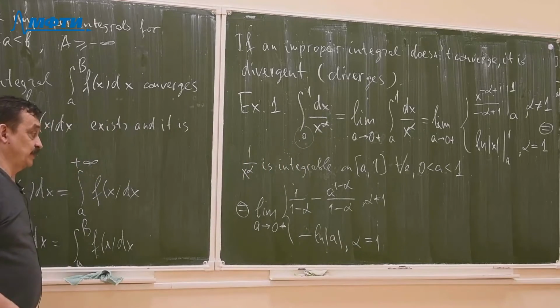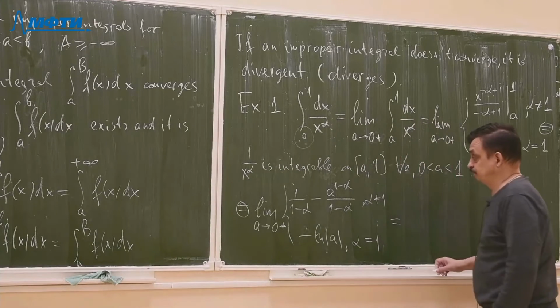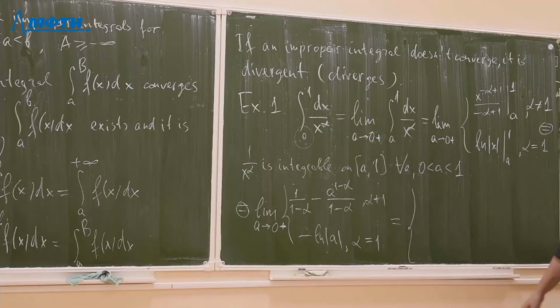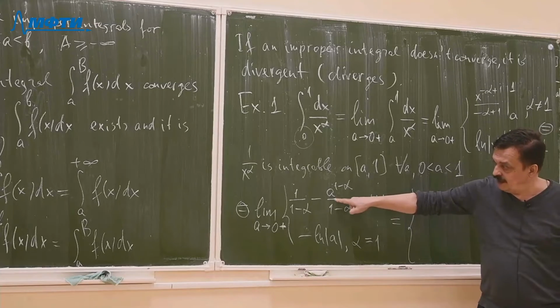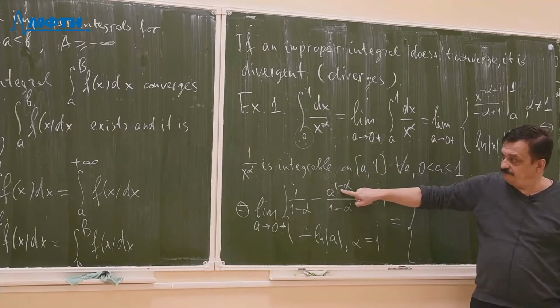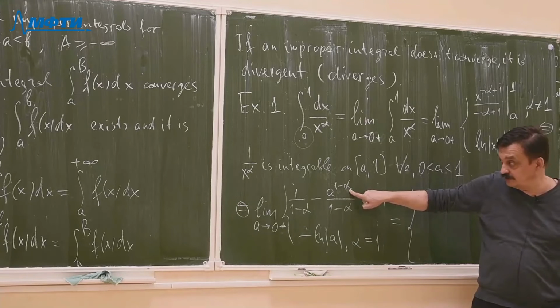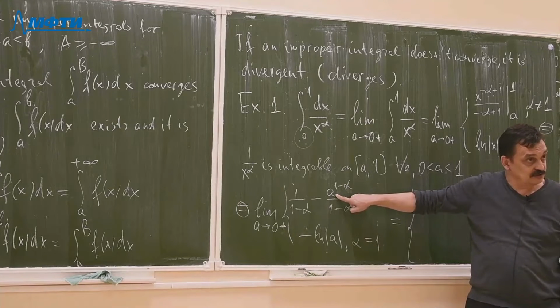Then what do we obtain? Look, a tends to 0. Then if the exponent is positive, right? What will happen? It tends to 0, right?